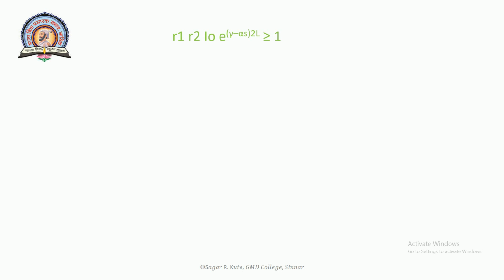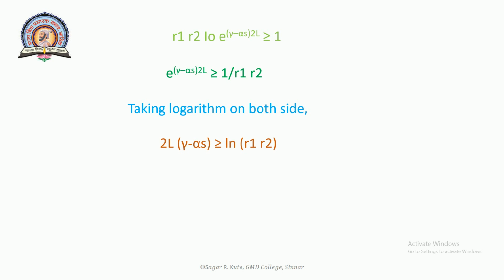e raised to (gamma minus alpha s) 2L is greater than or equal to 1 upon R1 into R2. Taking logarithm on both sides, 2L (gamma minus alpha s) is greater than or equal to ln 1 upon R1 R2.